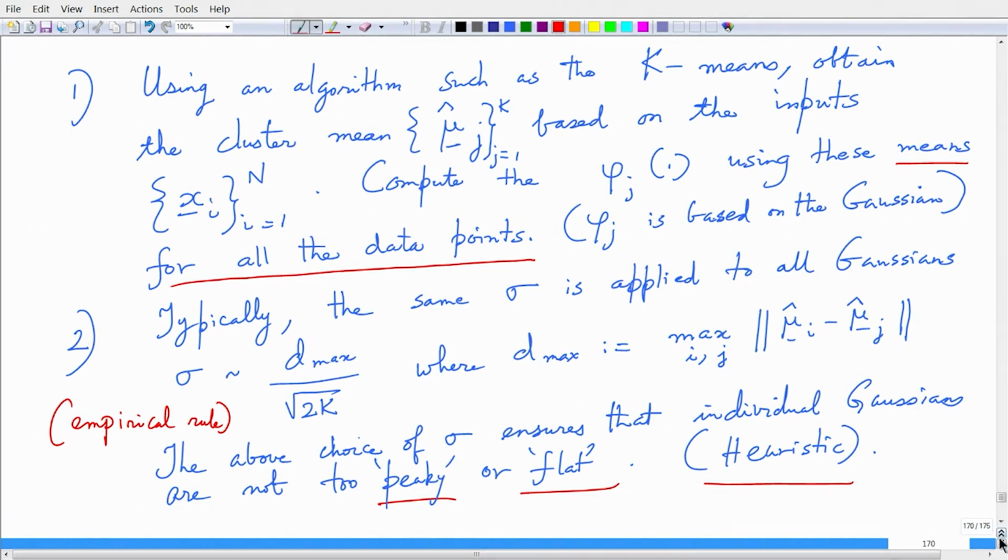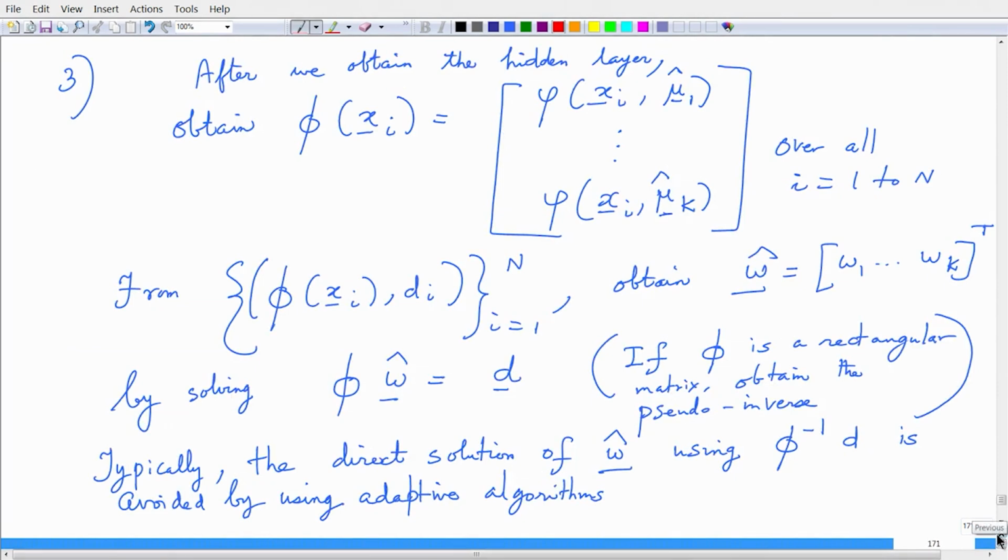Now, once we compute these parameters, then it boils down to solving this matrix equation phi times w hat equals this vector d, where d is the desired vector, and this phi matrix is formed over all these points i equals 1 to n over the clusters mu 1 hat through mu k hat.